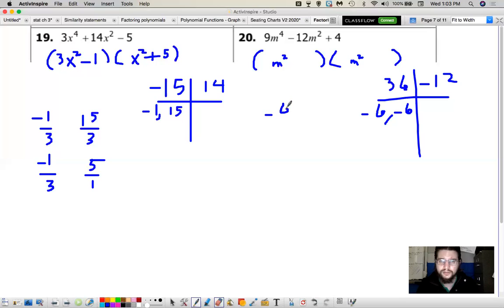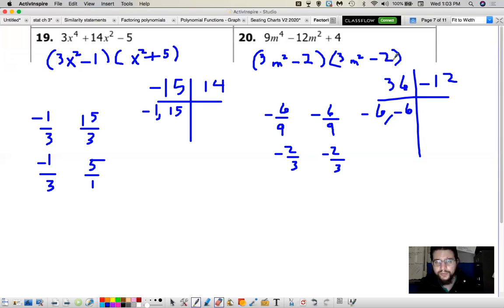negative 6 over 9 and negative 6 over 9. Okay, same thing. Simplify. Negative 2 over 3 on both of them, obviously. That means that's going to be 3m squared minus 2, 3m squared minus 2.